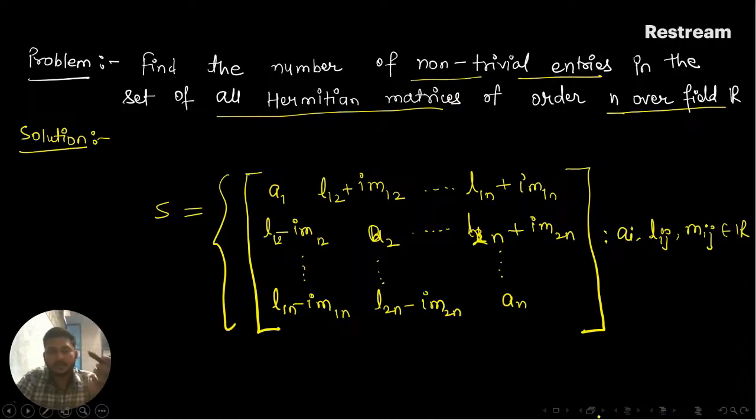Okay, and the non-trivial entries for a strict upper triangular matrix, which is 2 times (n minus 1 plus n minus 2 plus ...), and therefore the non-trivial entries for this are n plus n minus 1 equal to n squared.